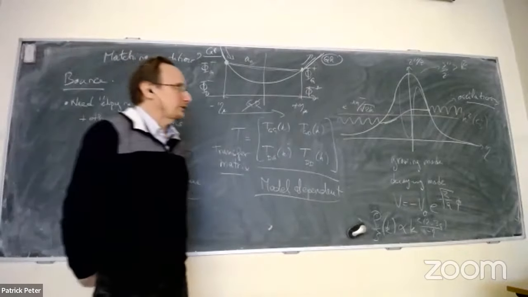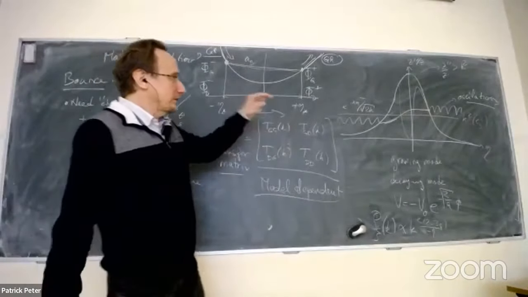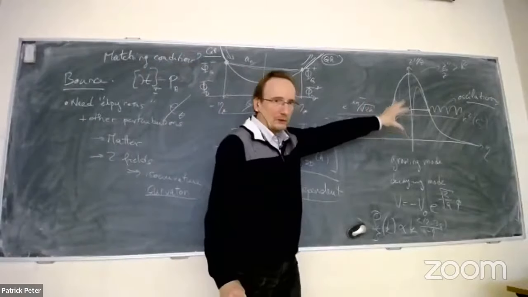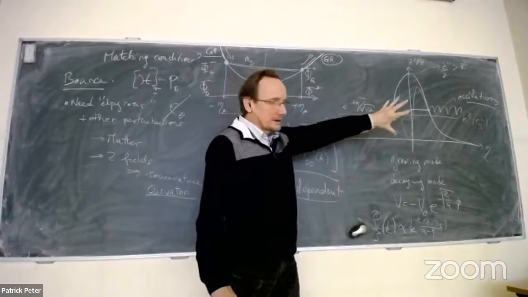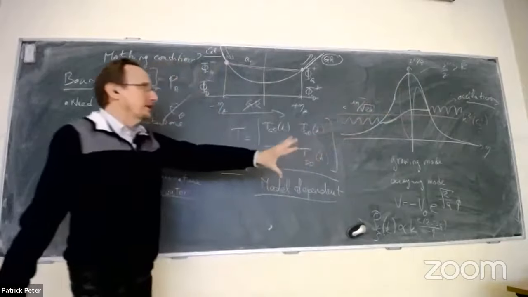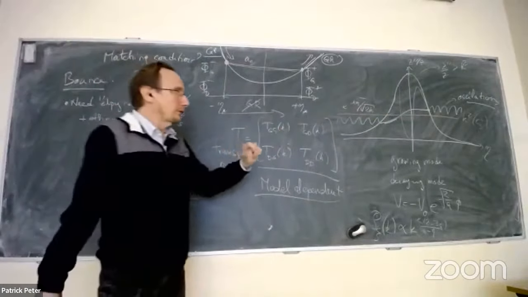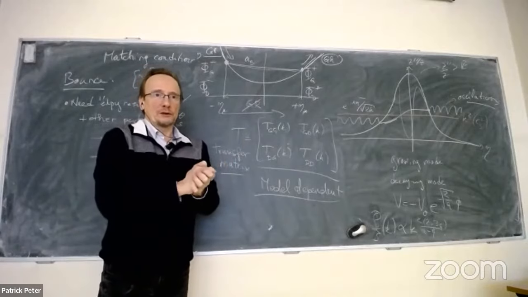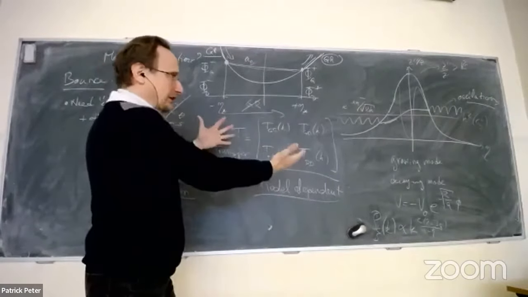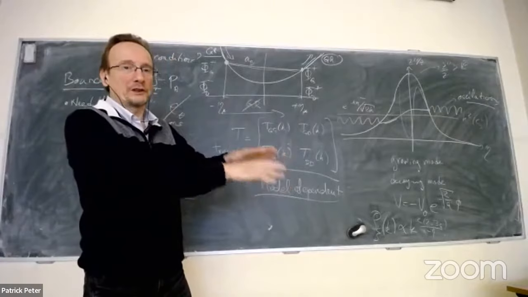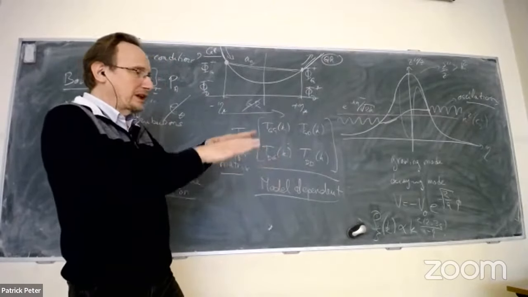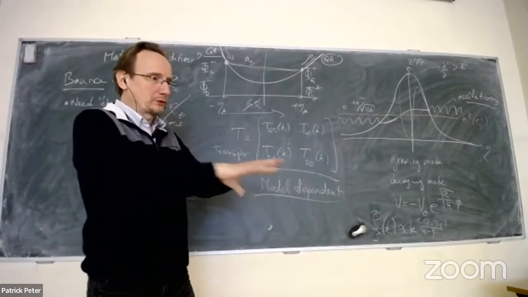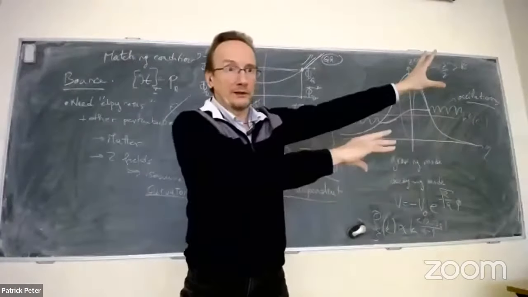I also forgot to mention one thing: yes, you can have perturbations crossing the bounce and having a reasonable spectrum at the end, but then you also have to ensure that the non-Gaussianities are not exploding as well. Because you see all these instabilities, you have to tame them, and it's not easy. Normally when you tame an instability, what you do is you just push it away somewhere else.